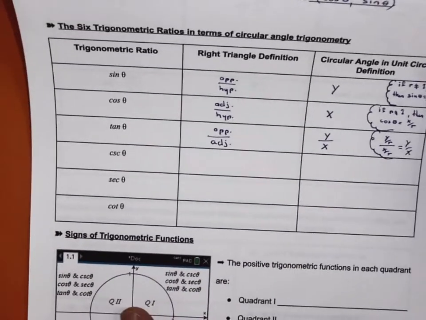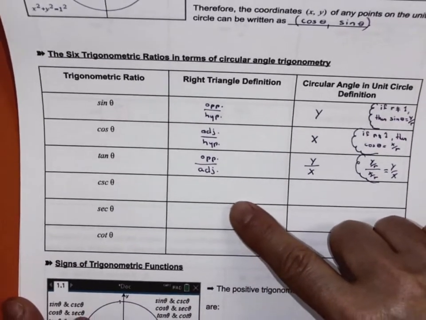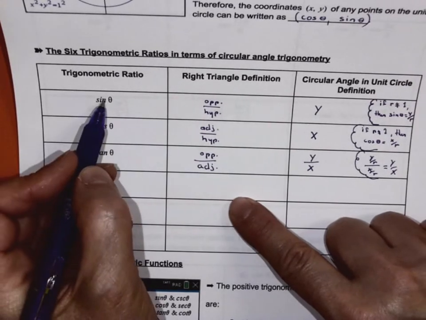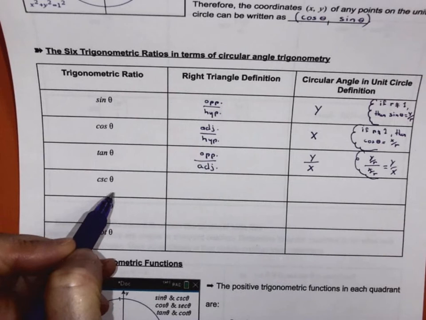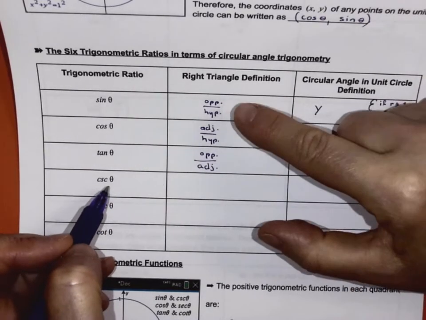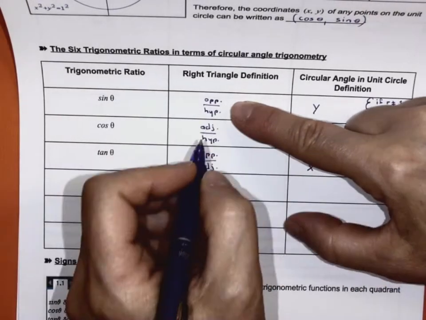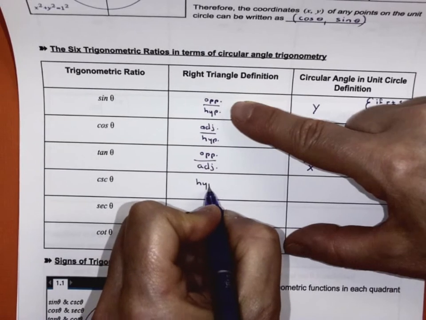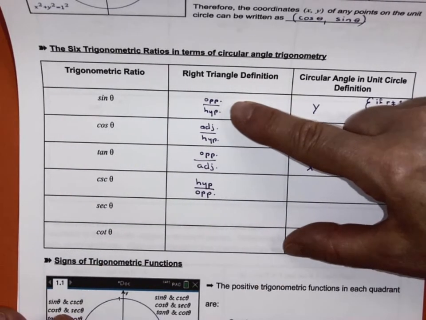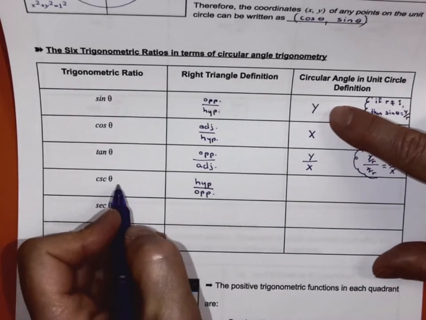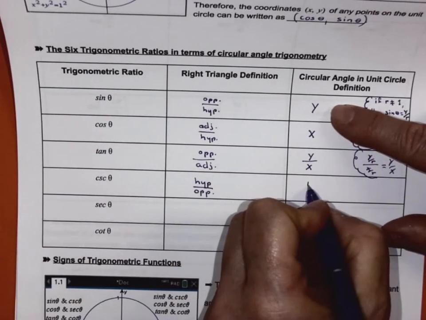Now we're going to go to the cosecant. So remember, the cosecant is the reciprocal of the sine, right? We can only have one co in the function and its own reciprocal. So therefore, the cosecant in the unit circle would just be 1 over y.